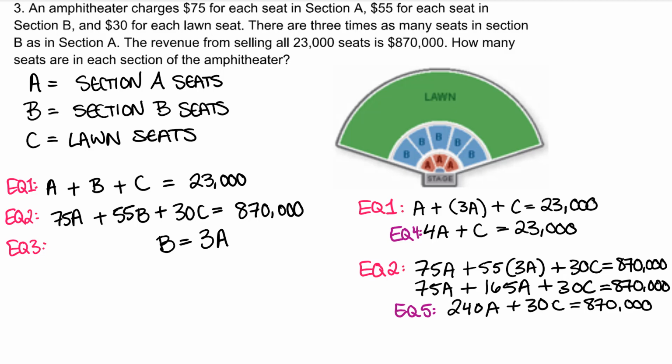Let's multiply equation 4 by the scalar -30 to eliminate the c variable.